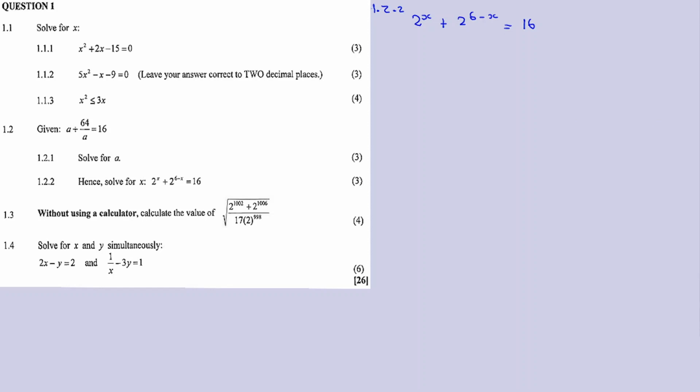Now the next thing we must do here is because of this binomial exponent. This binomial exponent, we must break it apart, right? We break it apart, or we apply an exponential law to break this power.